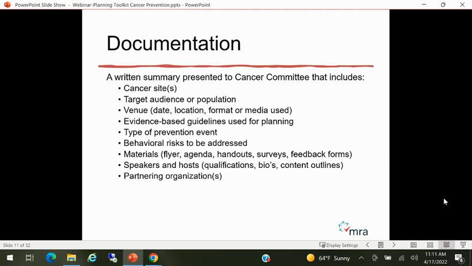Also the speakers and the host, their qualifications and bios, the content outlines, or the PowerPoint slide decks. And then partnering organizations. You're not required to have a partnering organization, although it is recommended, and we'll go over some of those reasons in a few minutes.